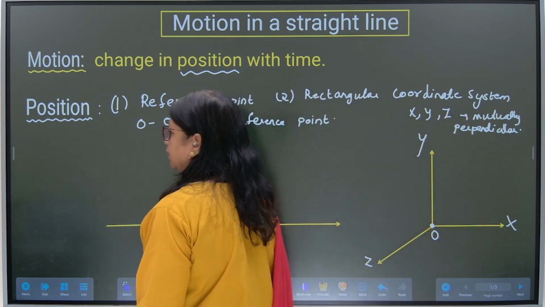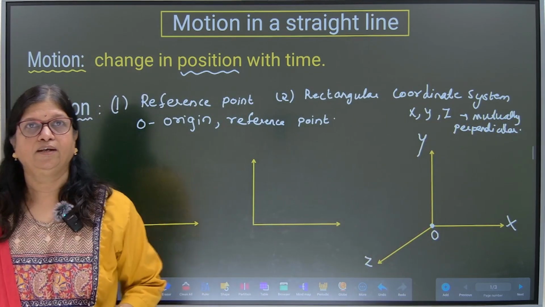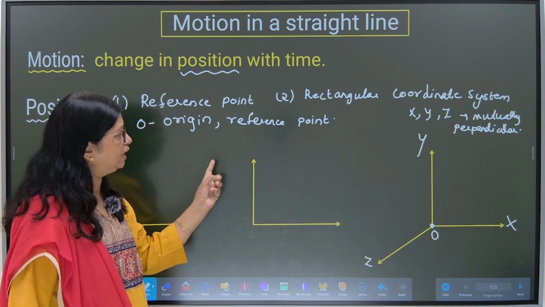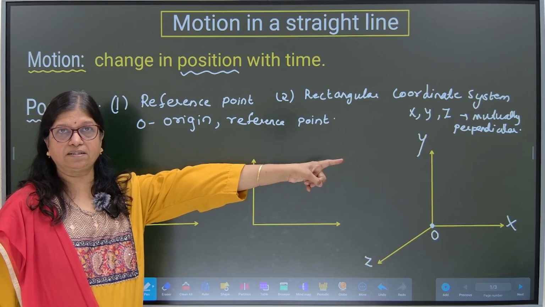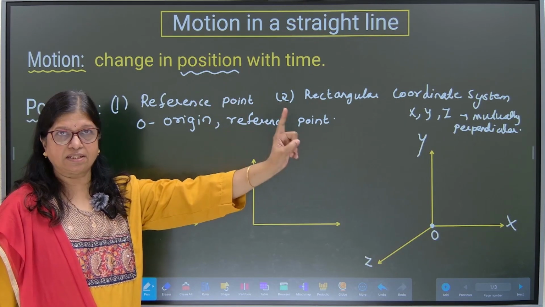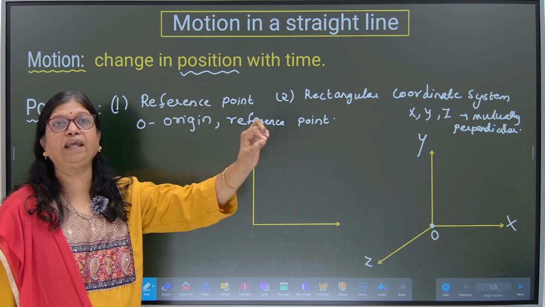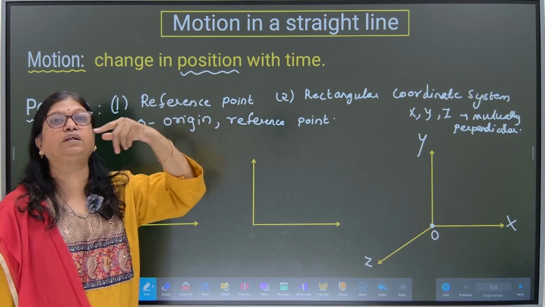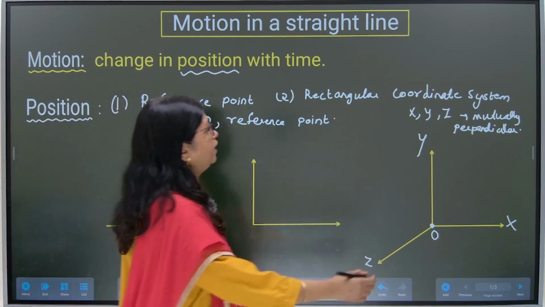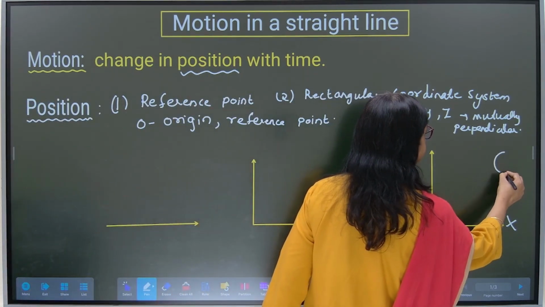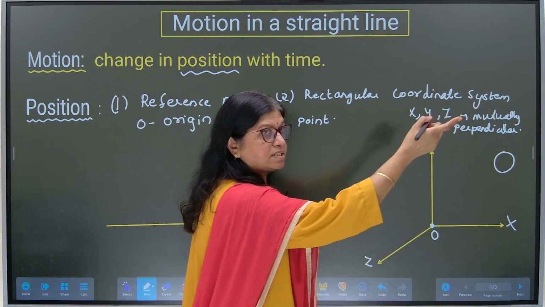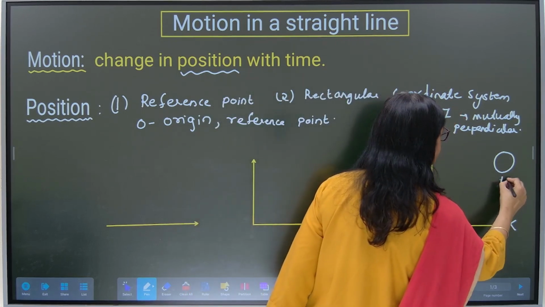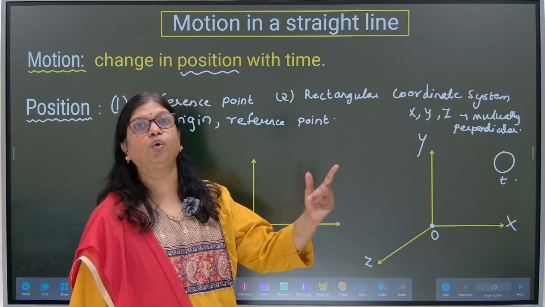Fine. So now with the help of the origin and the rectangular coordinate system, I can determine the position of the body with time. Now for time, what do I want? I want a clock with this coordinate system to determine the time as it goes.